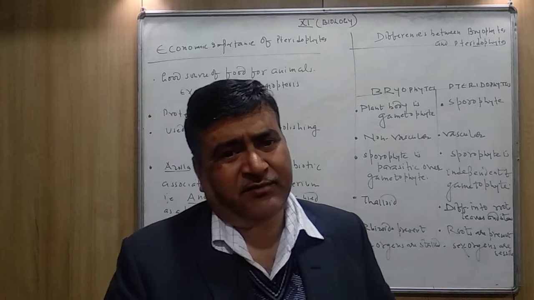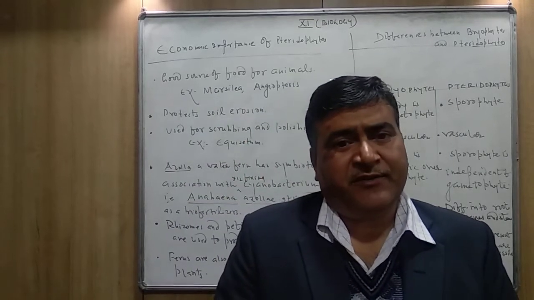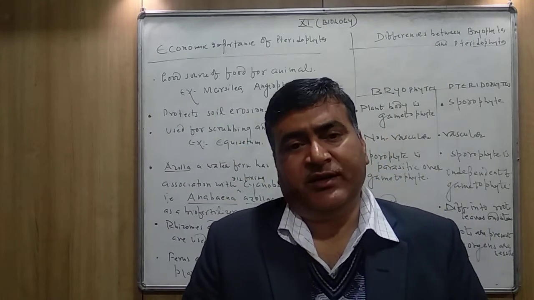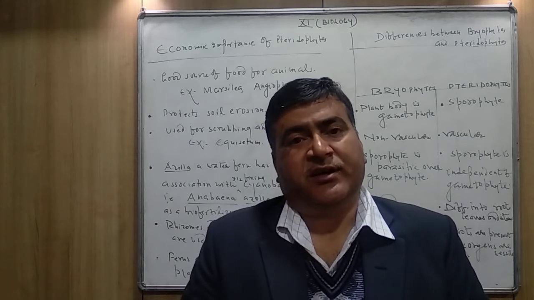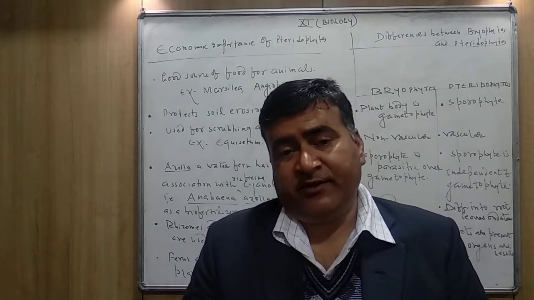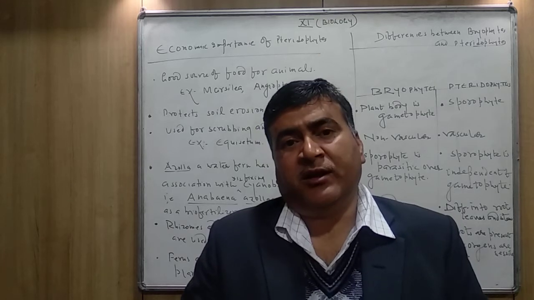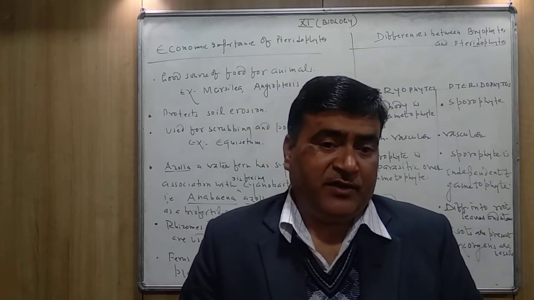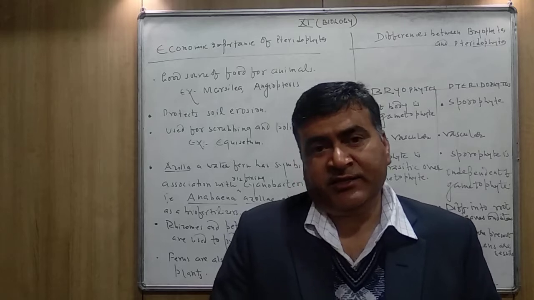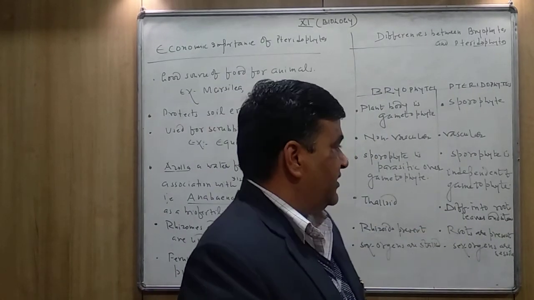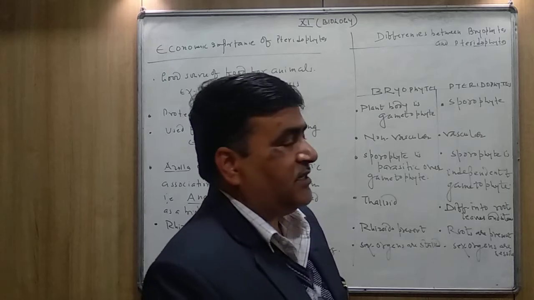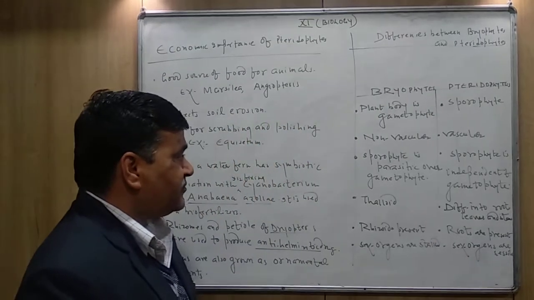In mosses some leaf-like structures are present, but true roots and true stems are absent even in mosses. But overall, in the majority of bryophytes the plant body is thalloid in nature, and in pteridophytes the plant body is well differentiated into root, stem and leaf.